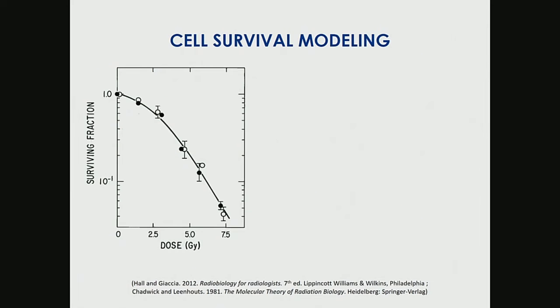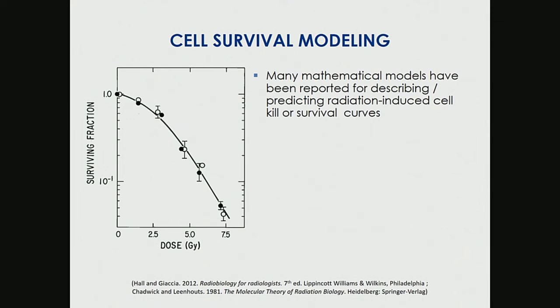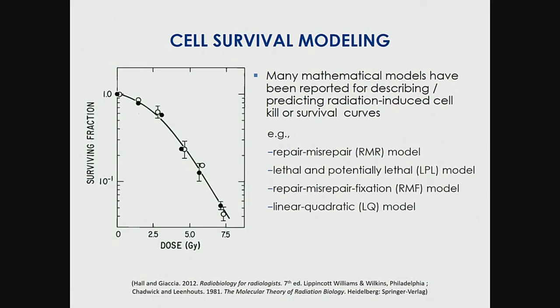So there are a number of models proposed to describe or predict cell survival curves, and some sophisticated models include modeling of the kinetics of cell damage induction and repair.